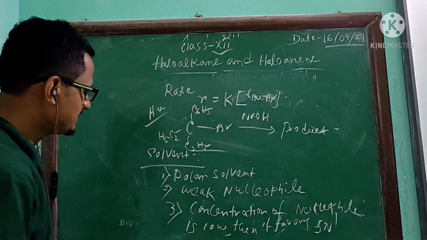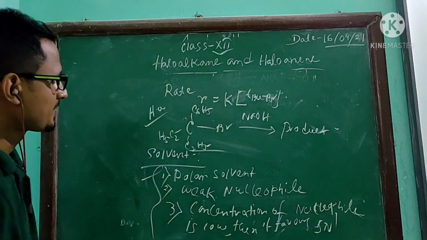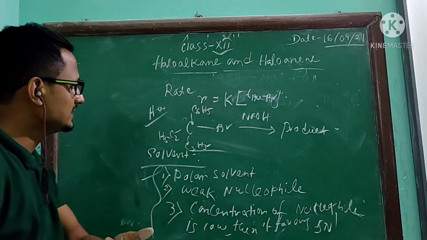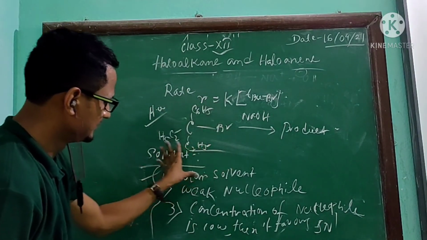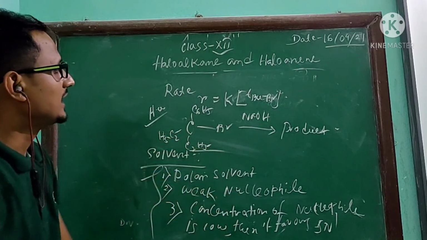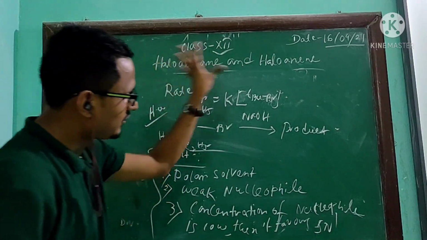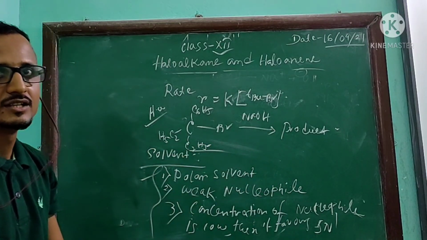These are the main three characteristics of the SN1 reaction. One thing to keep in mind: whenever a 3 degree alkyl group is joined with the halide ion, it will form a 3 degree carbocation, and that will undergo the SN1 reaction.